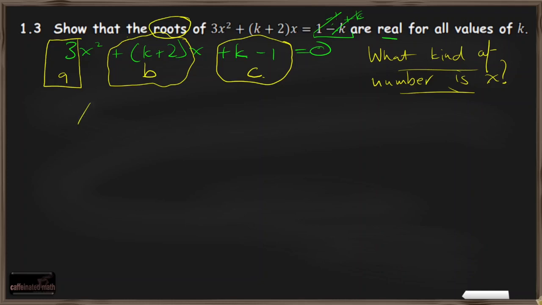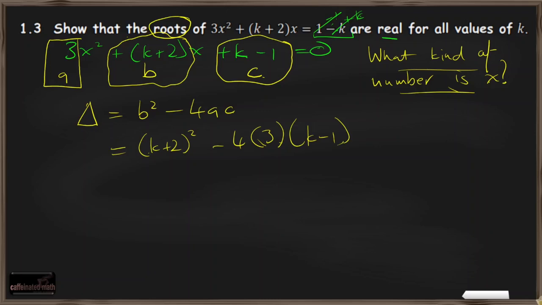Which means we are looking at our discriminant denoted by capital delta, Greek delta for that matter, which comes from our formula, which is b squared minus 4ac, the bit under the radical sign. And in this case we have b, which is just (k plus 2) all squared, minus 4, the value of a is obviously 3, and the value of c is none other than k minus 1.